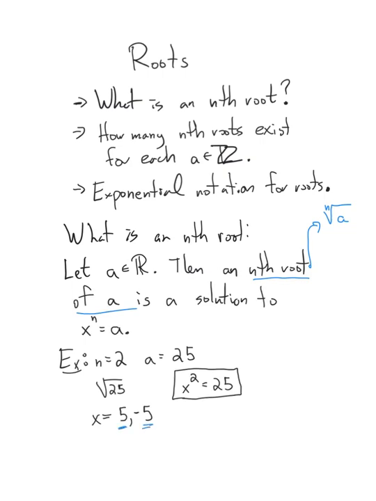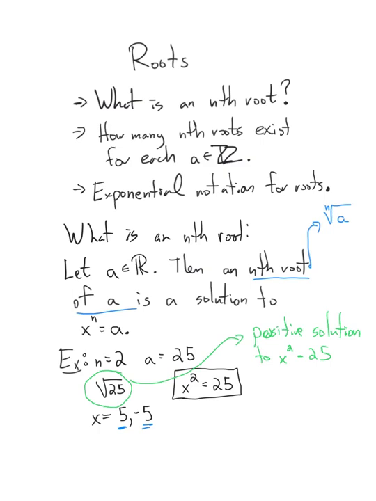Now, we want to come up with a nice way of writing this. So this nth root symbol, we always reserve this to mean the positive solution to x squared equals 25.